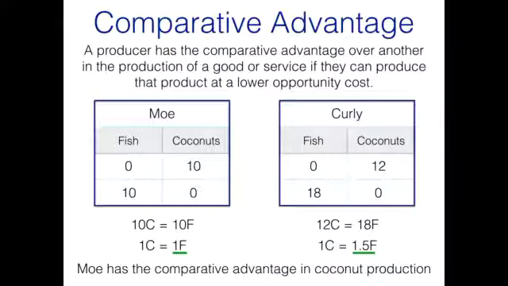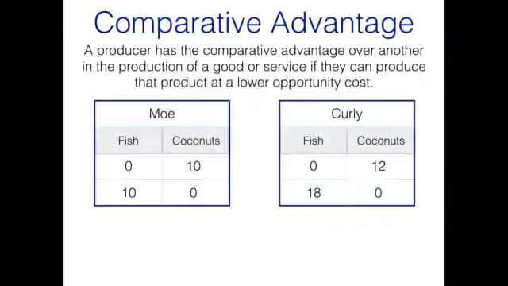Therefore, Mo has a comparative advantage in coconut production because in the time he spends collecting a coconut, he could have caught one fish, whereas in the time that Curly spends collecting a coconut, he could have caught 1.5 fish. So the opportunity cost of collecting a coconut is one fish for Mo and 1.5 fish for Curly. Therefore, Mo has a lower opportunity cost in collecting coconuts. Therefore, he has the comparative advantage.